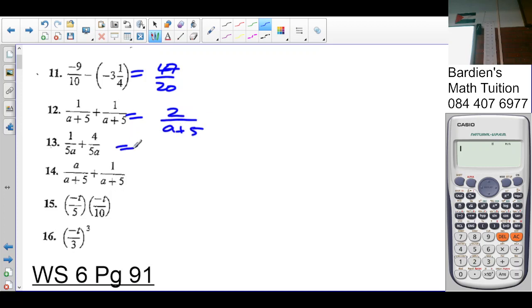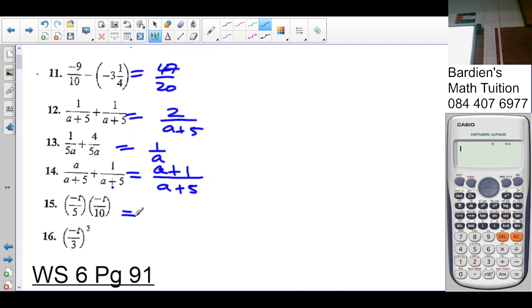The next one. 1 over 8. For 14, are the denominators the same? Yes, so you can add the numerators. You times it by 1, so 1 times A is A. Times that by 1, so 1 times 1 is 1. Okay. Number 15, it's a T.